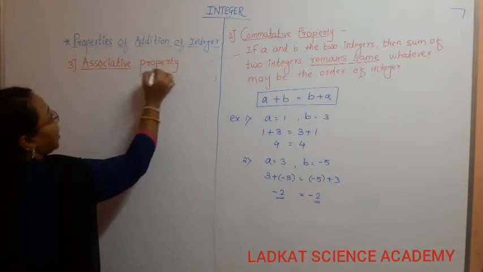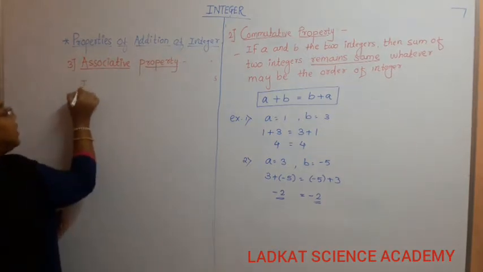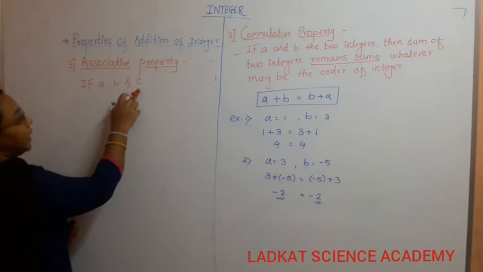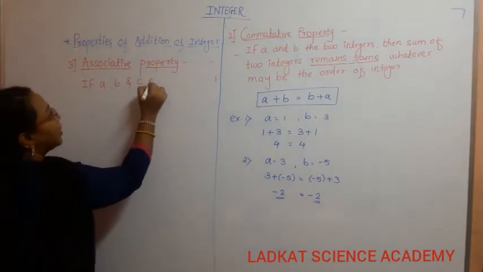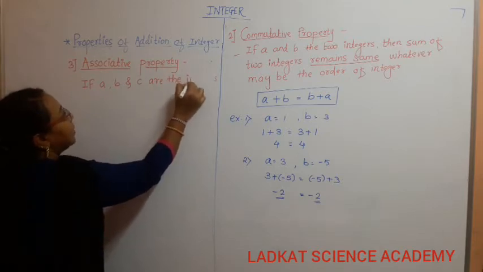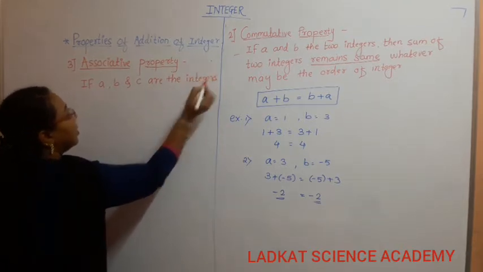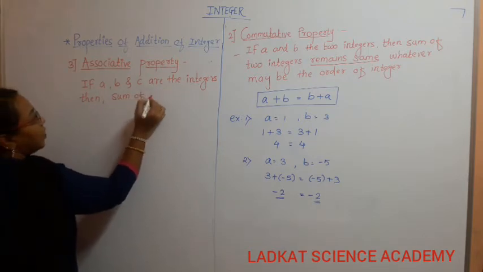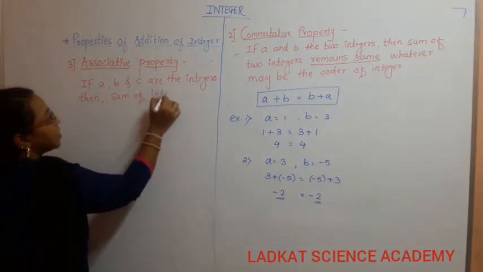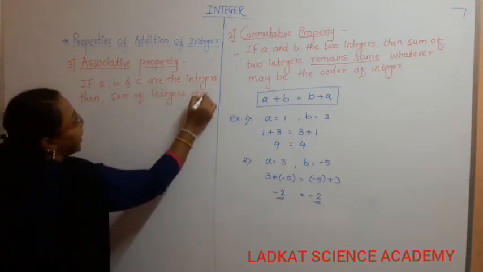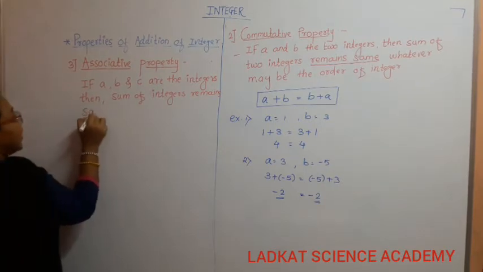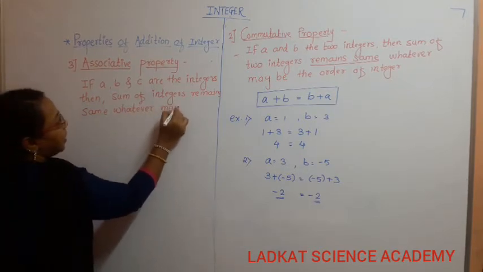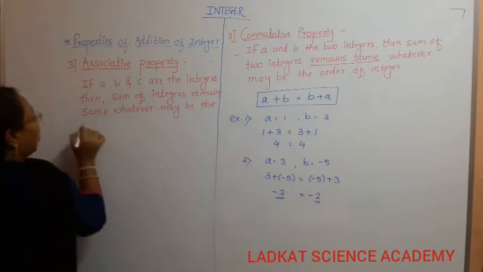First we will see the statement of the associative property. If A, B and C, we have taken here three integers A, B and C, are the integers, then the sum of integers remains the same whatever may be the order of the integers.